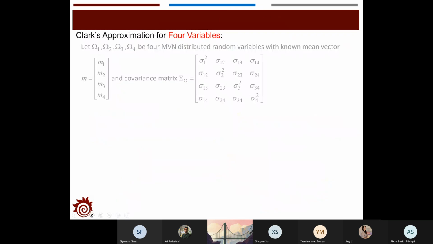And this one can be extended to 4 variables. Say that for the four variables omega 1, omega 2, omega 3, and omega 4, there are 4 multivariate normally distributed random variables. We know their mean value, their covariance matrix.